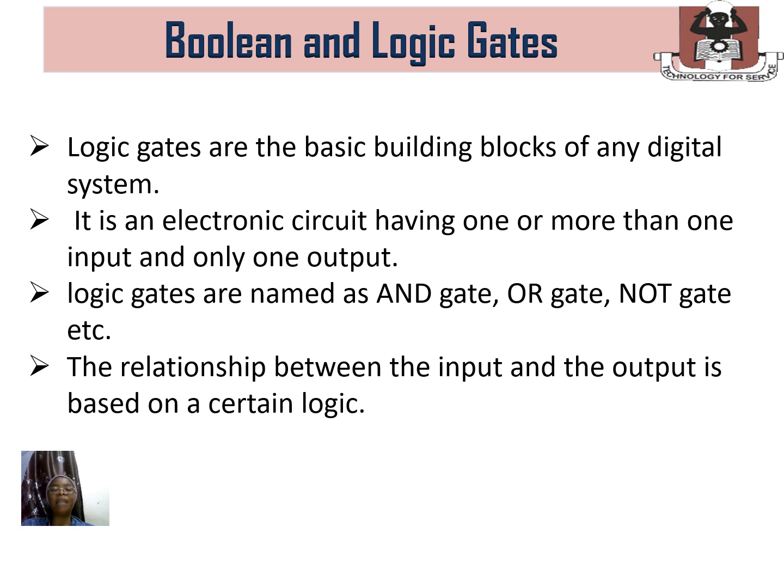They are named AND gates, OR gates, NOT gates, exclusive OR gates, NAND gates, NOR gates, and so forth. The relationship between the input and output is based on a certain logic.